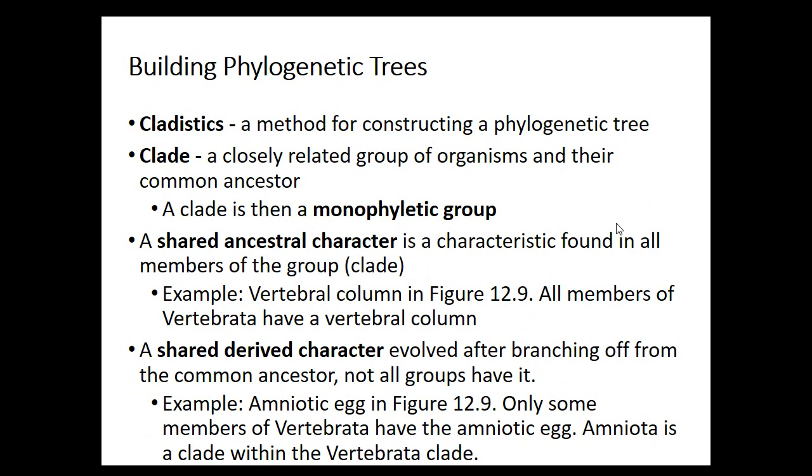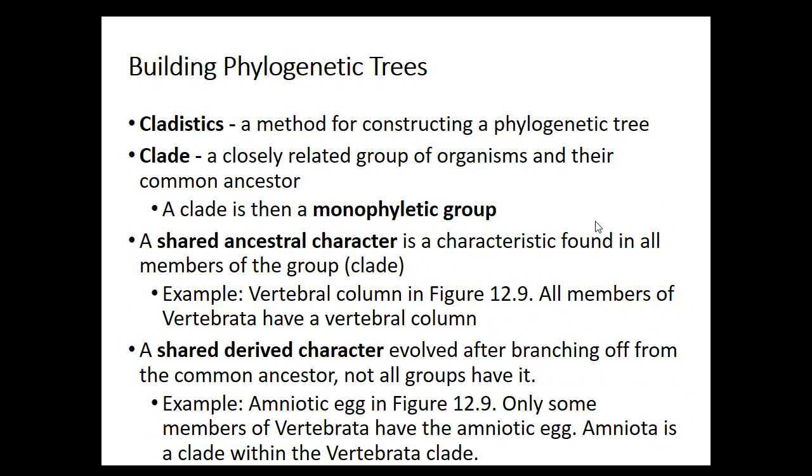This is called cladistics. A clade is a group of organisms and their common ancestors. So that phylogenetic tree that we were looking at, the sideways one, we would consider all those organisms on there to be a clade.